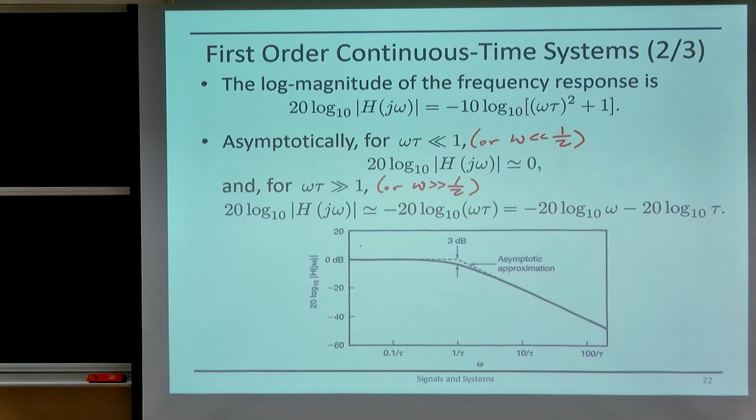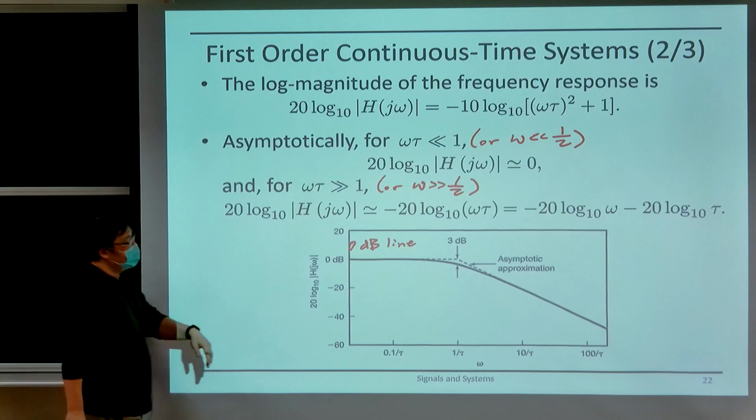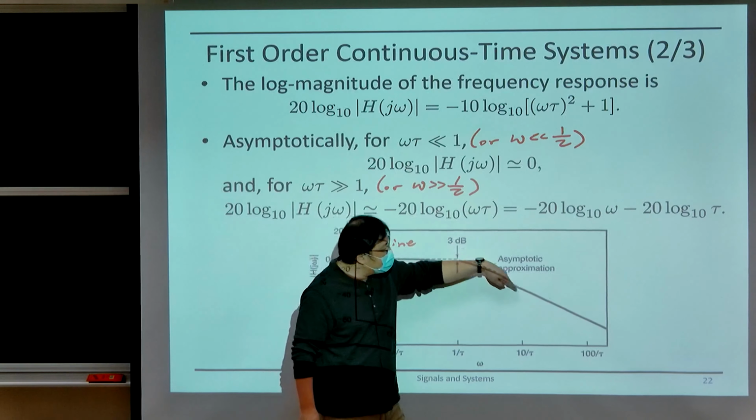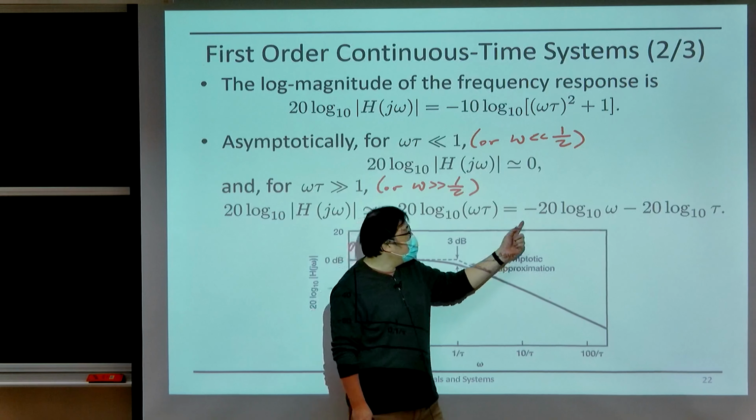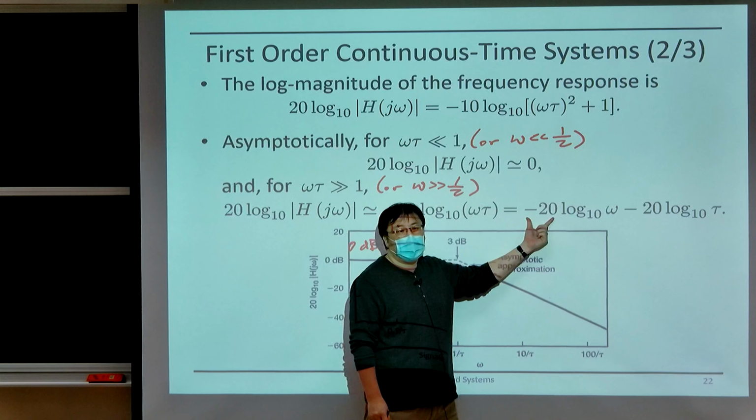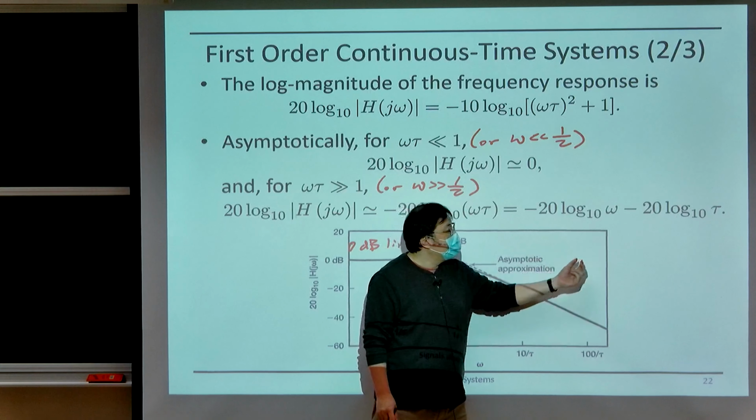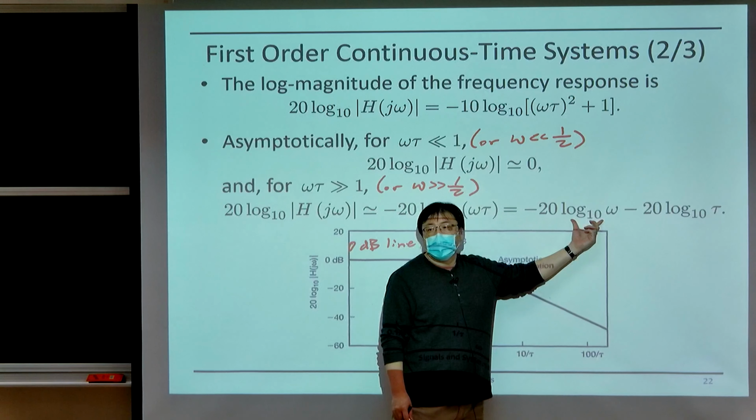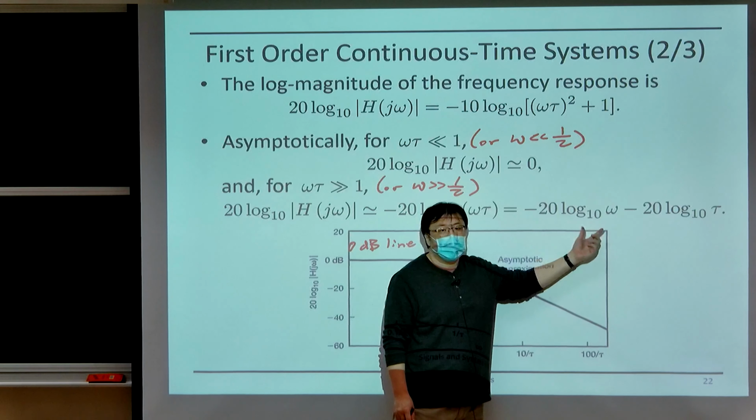So at low frequency, it can be approximated by this 0 dB line, and at high frequency, we approximate this by this line that decays by 20 dB for every increment of log omega.